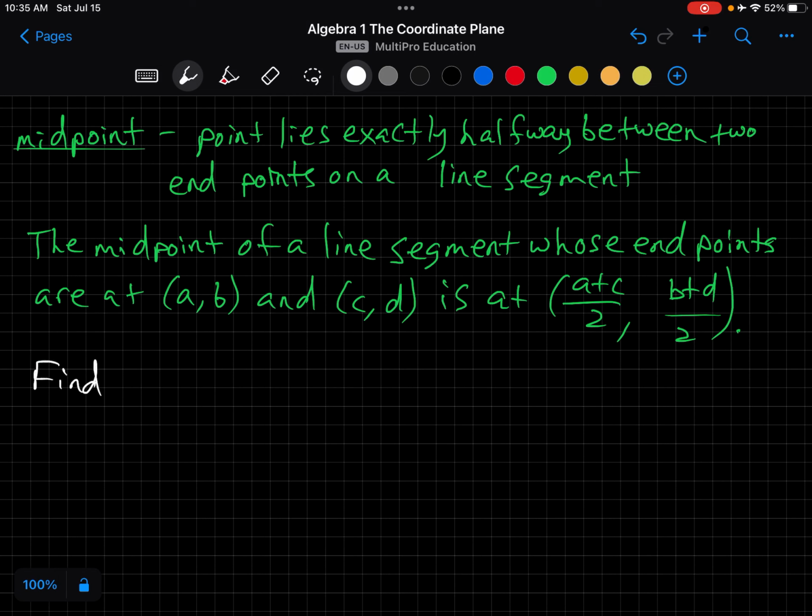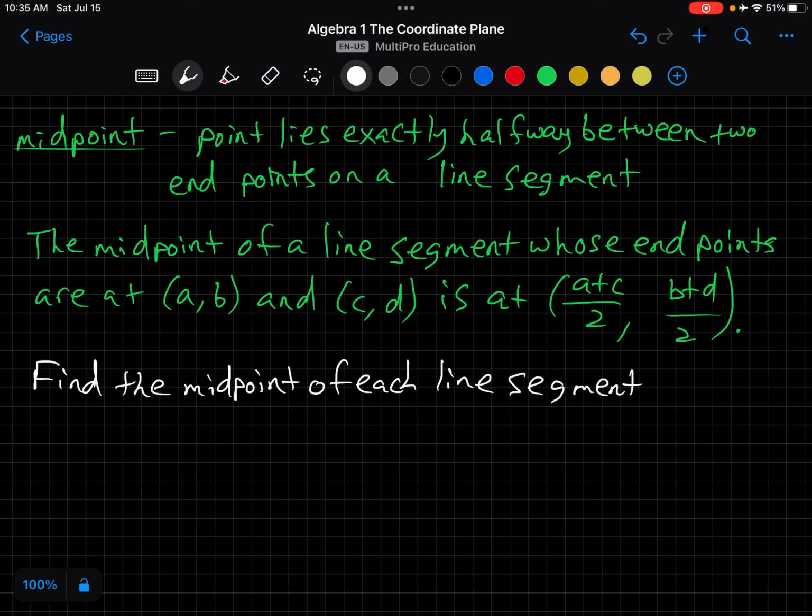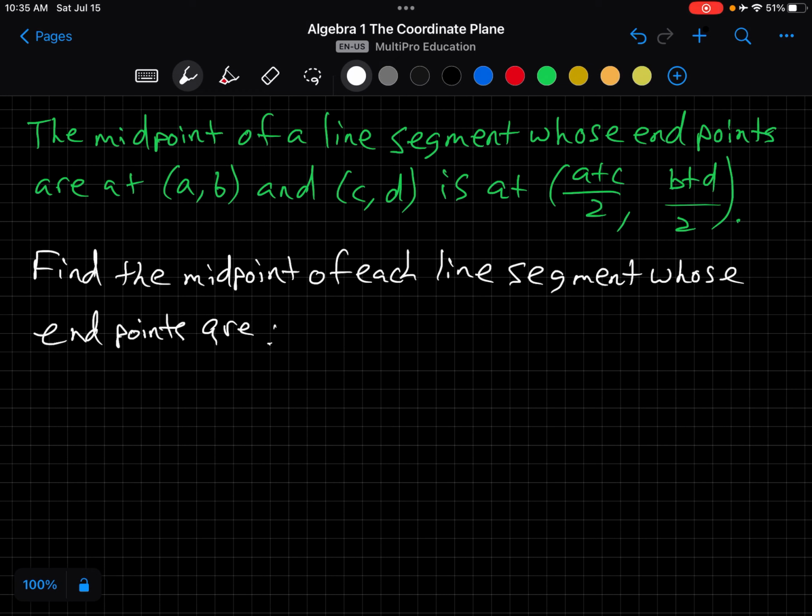Alright, so we want to solve a problem knowing this now. So we want to find the midpoint of each line segment whose endpoints are, okay, and now we're going to have several of these.